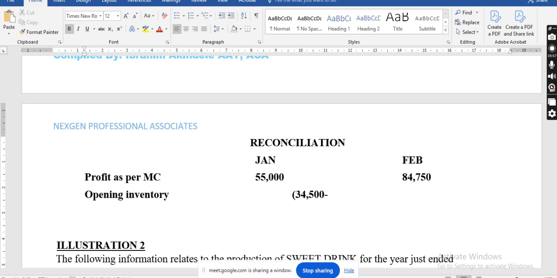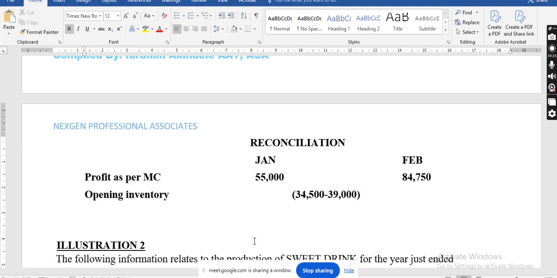Minus what is the closing inventory? We did not have for January. That is why I didn't bother for January. So what is the opening inventory for February for absorption? 39,000.